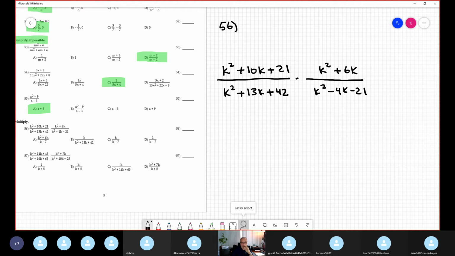Well, what should I do? Factorization, one by one. You determine the classification, which is extremely important. What kind of expression are we dealing with? Trinomial, binomial. The trinomial at the top of the first fraction we can do here: k, k, the combination that opens the door is 7 and 3, because 7 times 3 is 21 and 7 plus 3 is 10, plus.